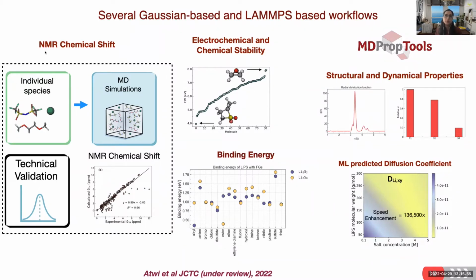So we have an automated workflow to predict the nuclear magnetic resonance chemical shift, workflows for predicting electrochemical and chemical stability, and binding energy between any two species. The workflows for MD simulations allow us to do a lot of structural and dynamical analysis. And finally, we are basically coupling all the data to train machine learning models, mainly to predict properties, which takes a lot of time otherwise with MD simulations or DFT calculations.